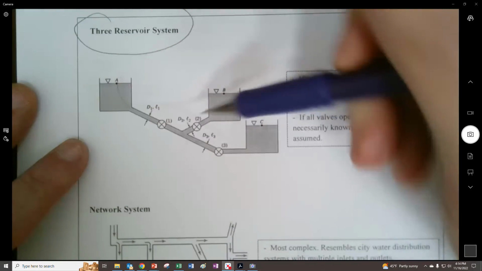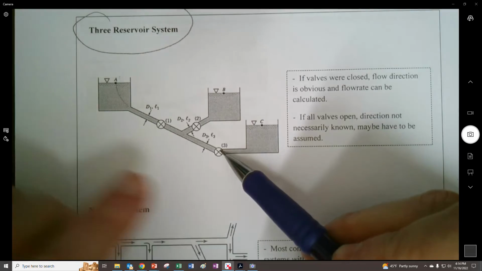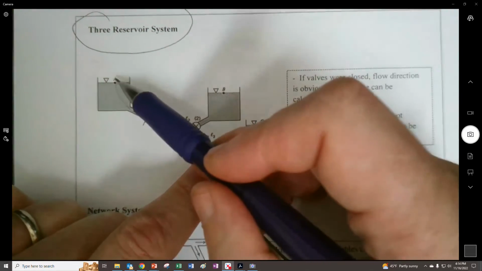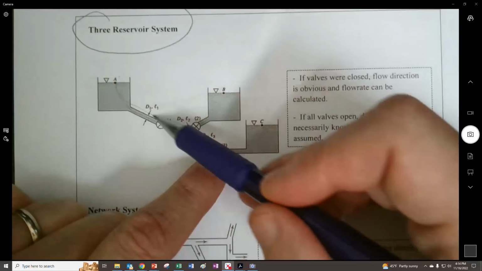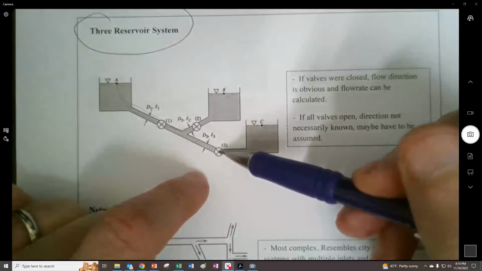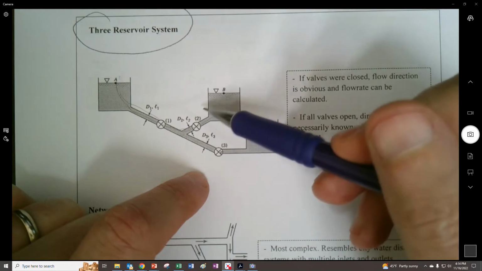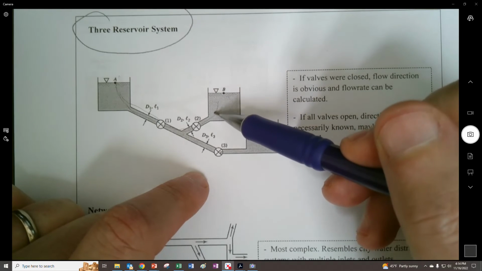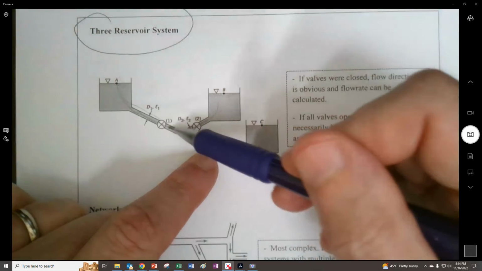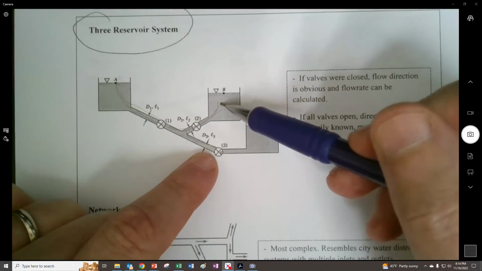We don't necessarily know. If we close this valve right here, chances are if A is higher than B, the flow is going to come down this way. But if we open up this valve, we're not 100% sure if the flow from here is going to go in that direction, or if this right here is going to cause this to come up to here.